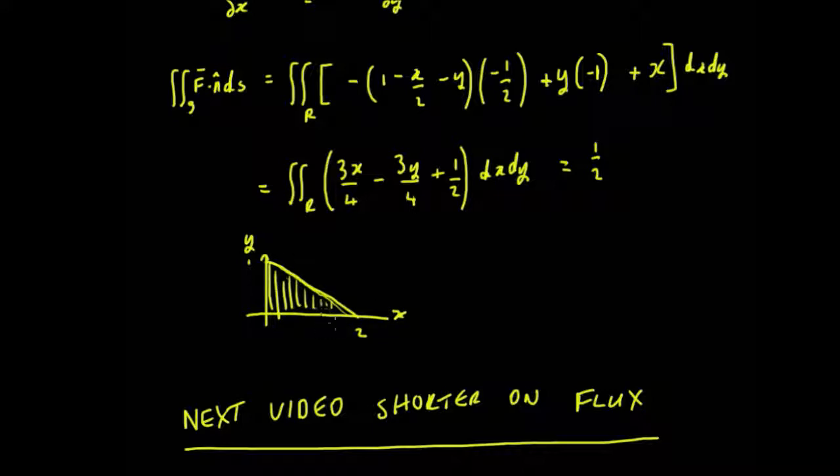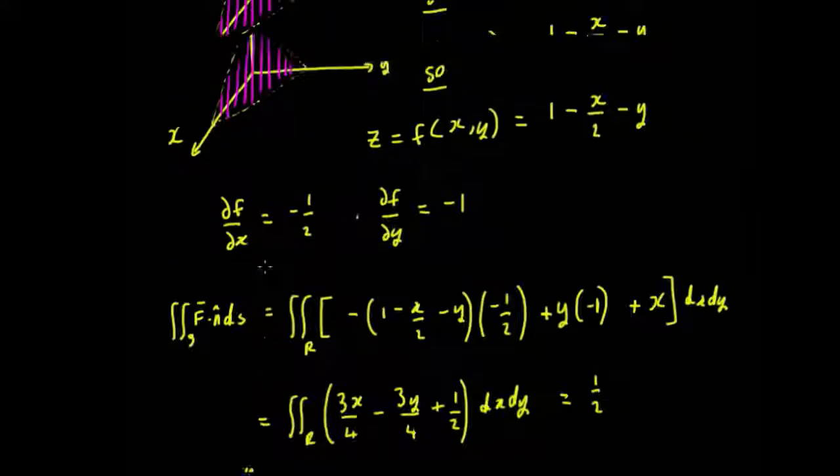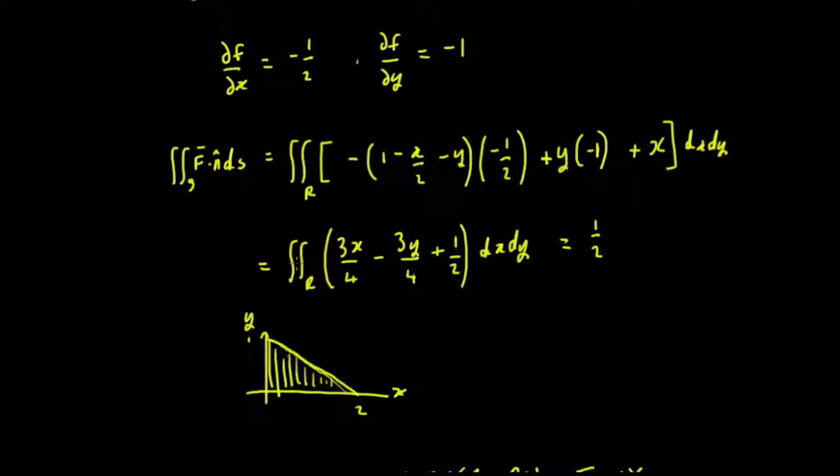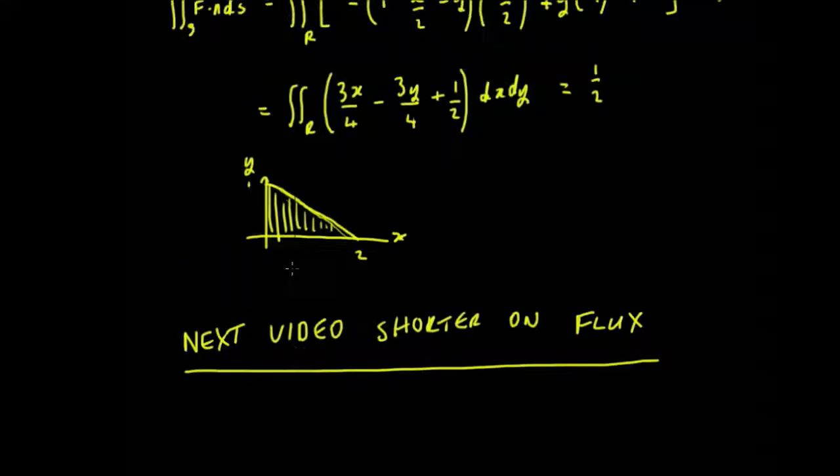So this here is just the projection onto this little area element in here. So you're projecting that surface down onto that area element. So that value, when you work that integral out, is equal to a half.